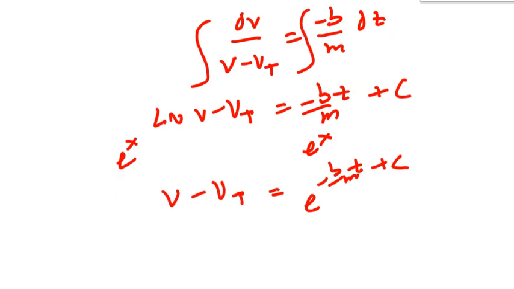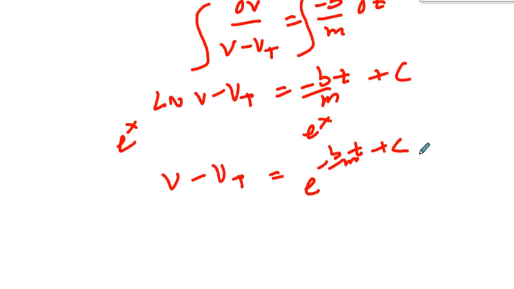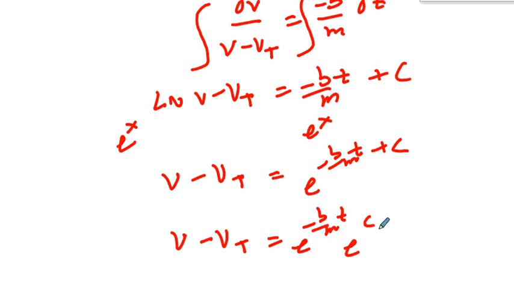Now, based on exponents, if I have addition of exponents, that's the same thing as multiplication. So then I've got v minus vt is equal to e to the minus b over m t times e to the c power. Now I need to figure out what e to the c power is. Well, if I plug in time equals 0, that's our beginning moment just when we drop this. So e to the 0 becomes 1. Therefore, this side here is just e to the c.